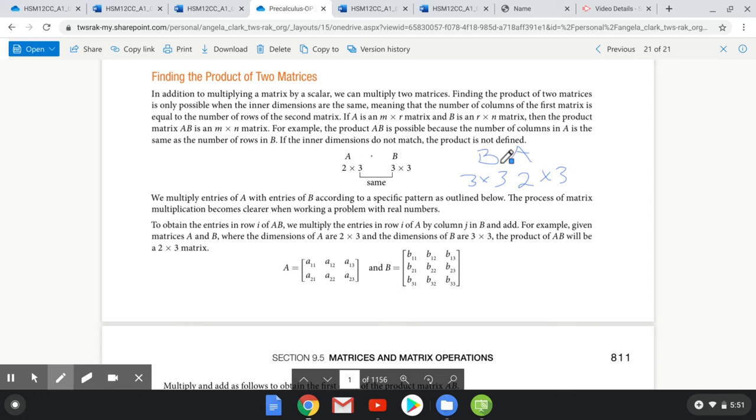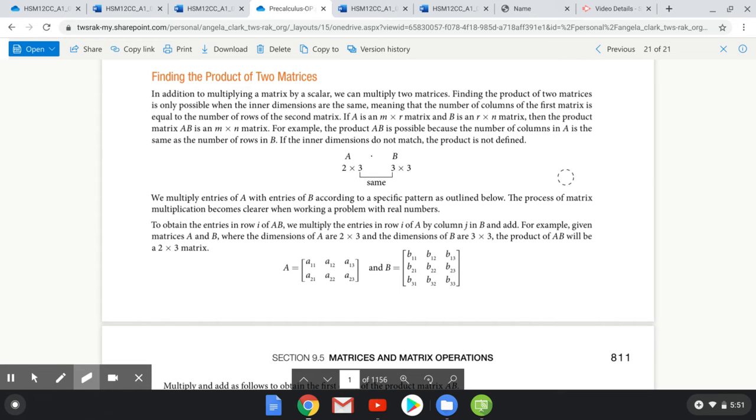So when we're looking at matrix multiplication, the first thing we need to check is, can I even do this multiplication? Do these inner dimensions match? And if they do, then we can go ahead and do the multiplication, and our result will have the outer dimensions. So let me write out another example of that.